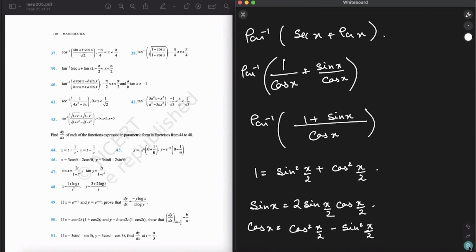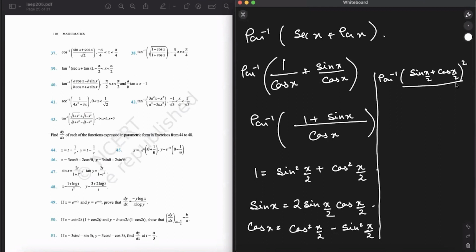So let's move on. I'll just write it over here: tan inverse of 1 plus sine x, which I can write as sine square x by 2 plus cos square x by 2 plus 2 sine x by 2 cos x by 2. This whole thing is 1 plus sine x, and I can write it as sine x by 2 plus cos x by 2 the whole square.